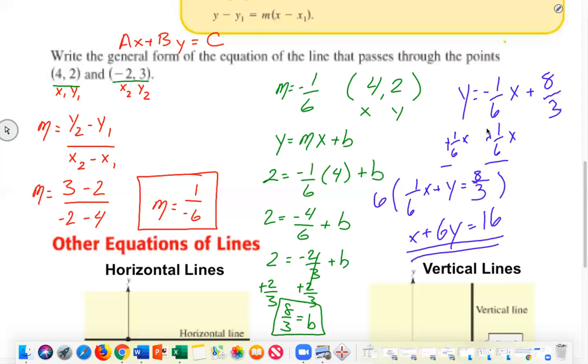Now, being able to manipulate from one form to another is useful, okay? If you say, hey, what are the intercepts? This format, it's pretty easy for the intercept. They can do cover up. They can do x equals 16, right? Because when you plug in 0 for y, it goes away. Cover that up. 6y equals 16. Divide by 6, you get 16 over 6, which is 8/3, right?